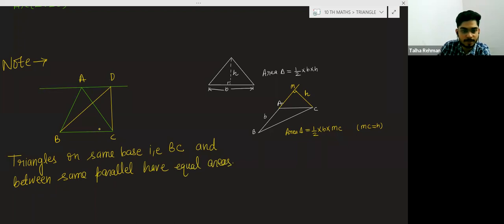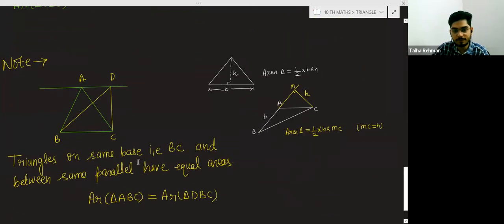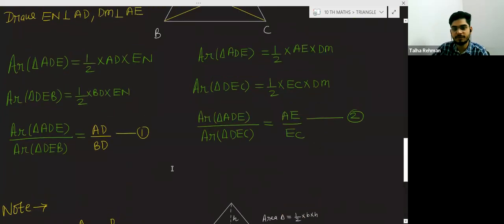Means you can say area of triangle ABC is equal to area of triangle DBC. So keep in mind this point. Now we will apply this condition here and we will see.